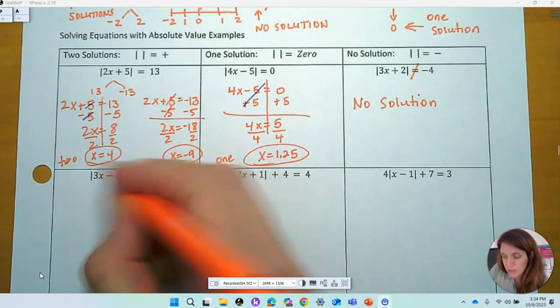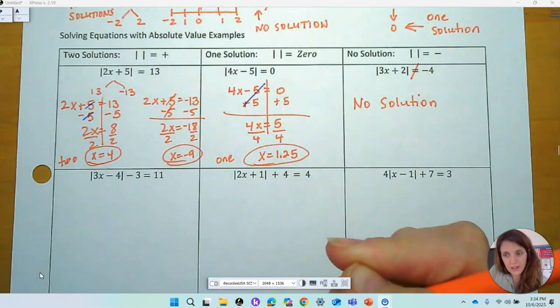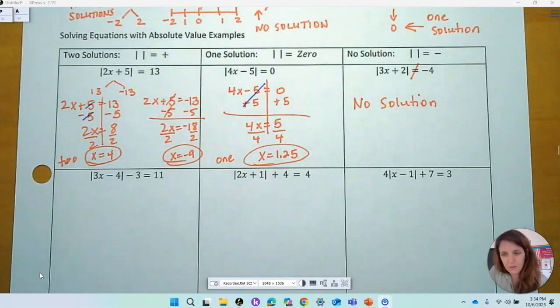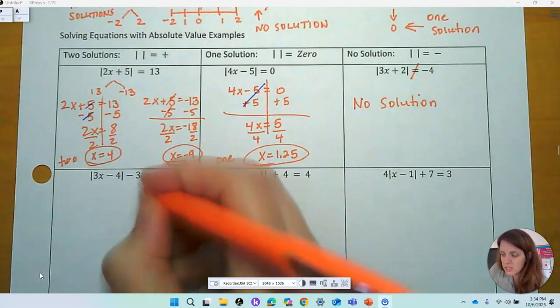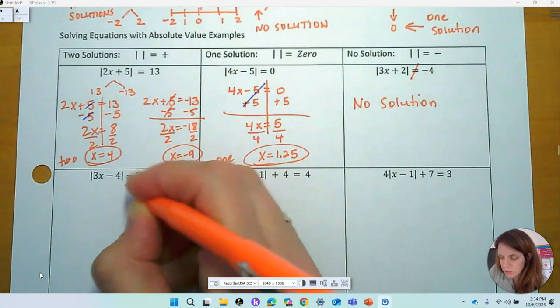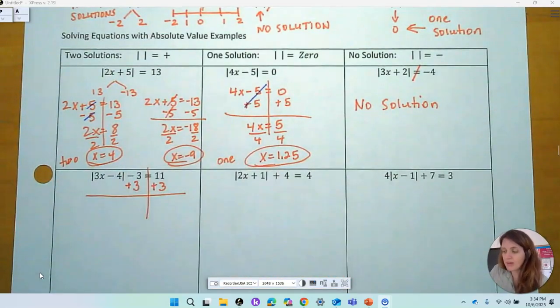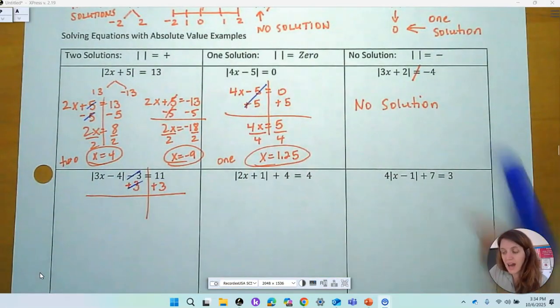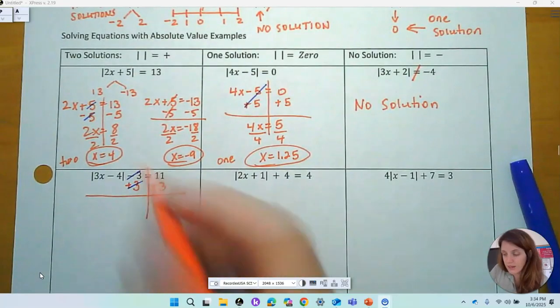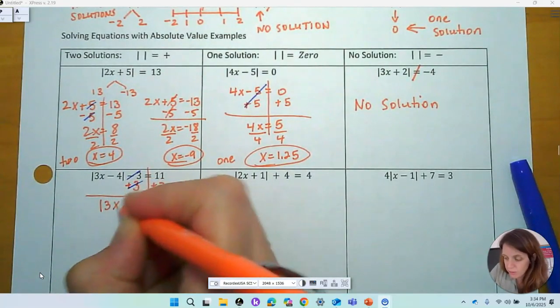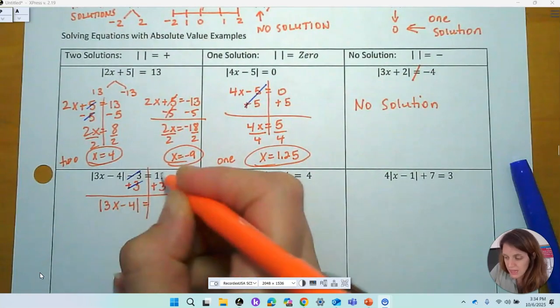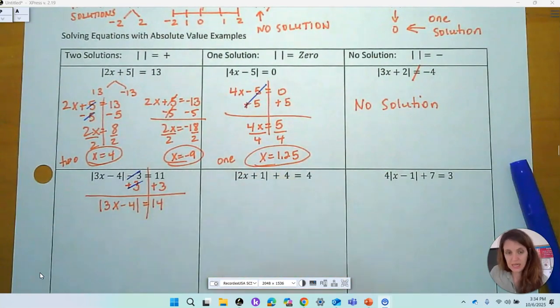This 3 is outside of my absolute value symbols, or outside of the kind of parentheses that I see. So I want to move this 3 using a plus 3. And when I do that, I'm going to end up with not the absolute value equals 11, but the absolute value of 3x minus 4 equals 11 plus 3, which is 14.